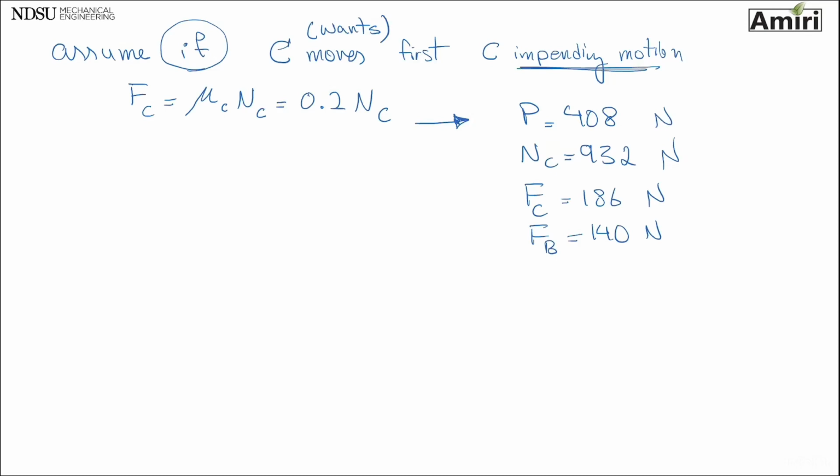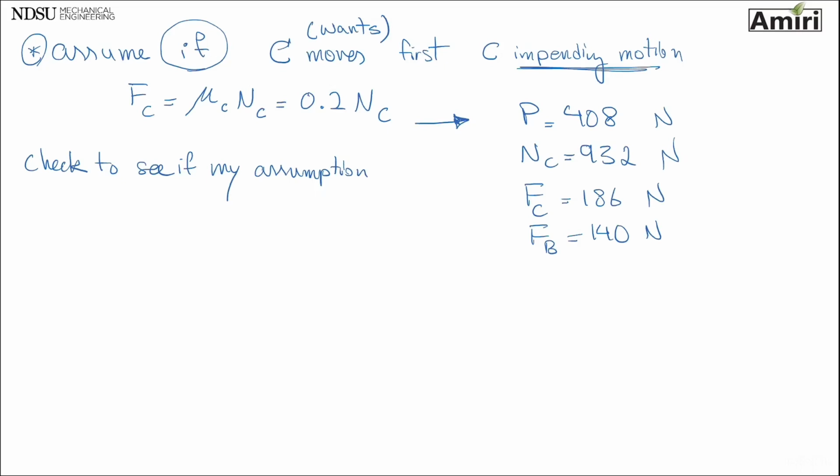Okay, so I got one value. But I was assuming, maybe I was wrong. What if I was wrong? So that means I have to check to see if my assumption was right or wrong.